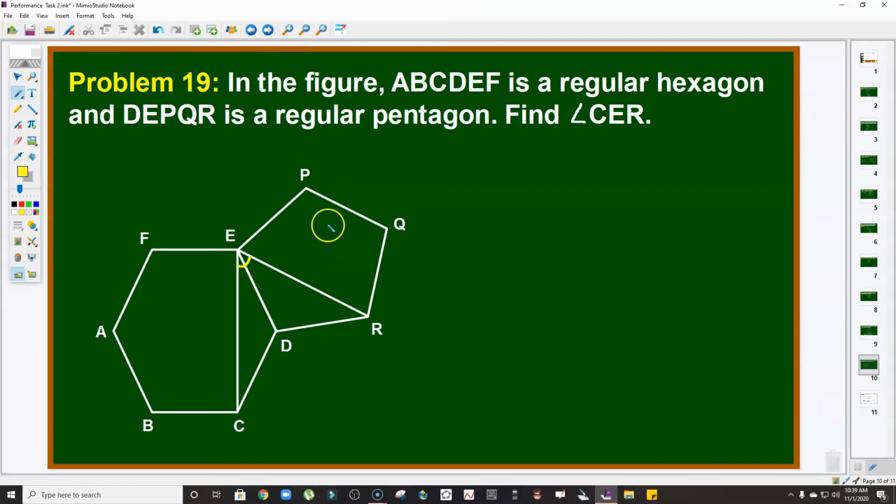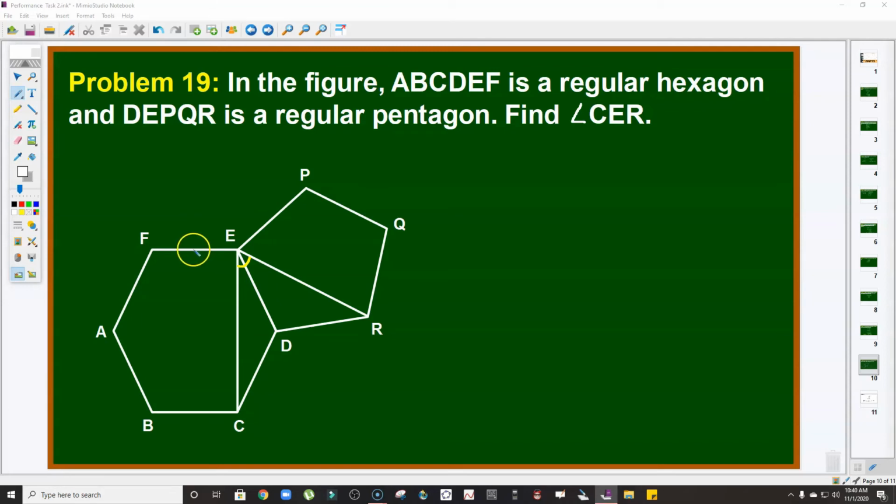Now, how are you going to solve this problem? Take note of the keyword regular: regular hexagon, regular pentagon. What do I mean? When we say regular, it is equilateral, meaning all sides are equal.